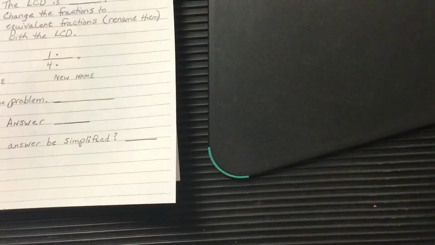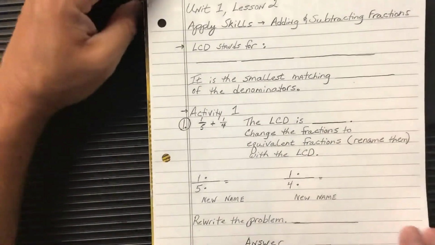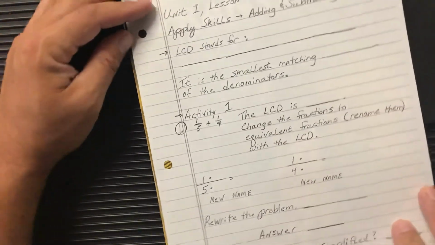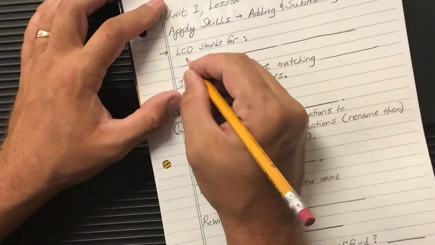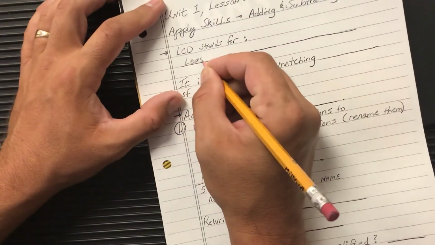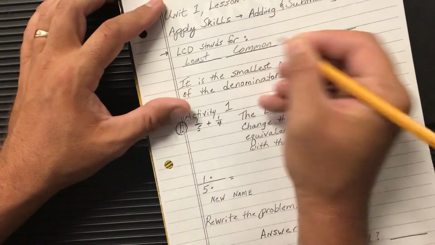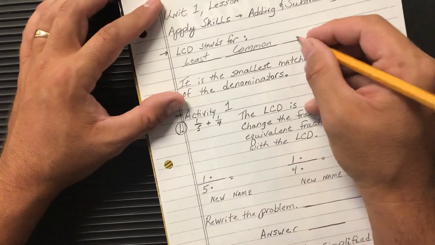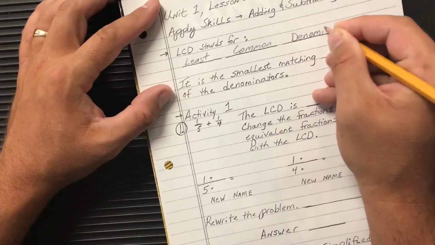Have you ever seen LCD before or LCM on a paper? So do you have any idea what any of those letters stand for? Okay, it stands for least common denominator. Do you know what spot the denominator is of a fraction?